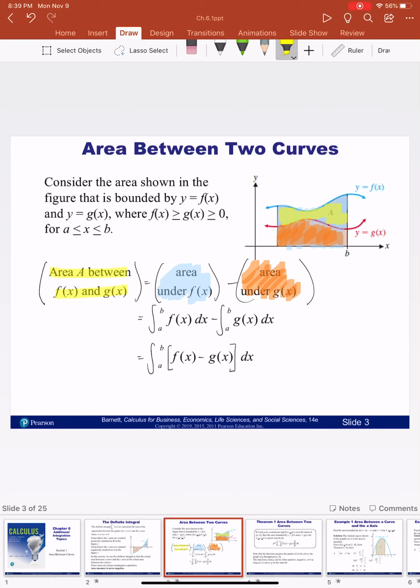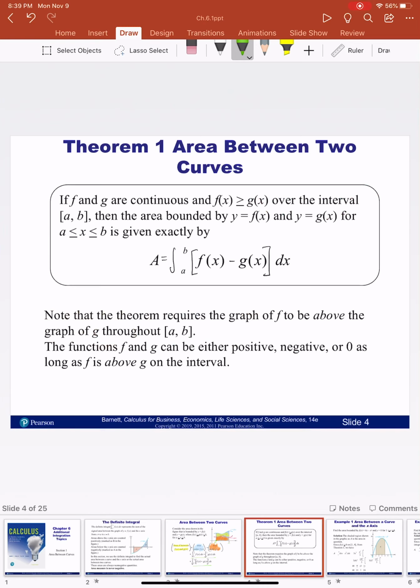Now, here's the catch. This is what is formally written. You have a to b, some a and then b, and then find the area between the two and subtract. Now, very important, note that the f function is above and g is below.